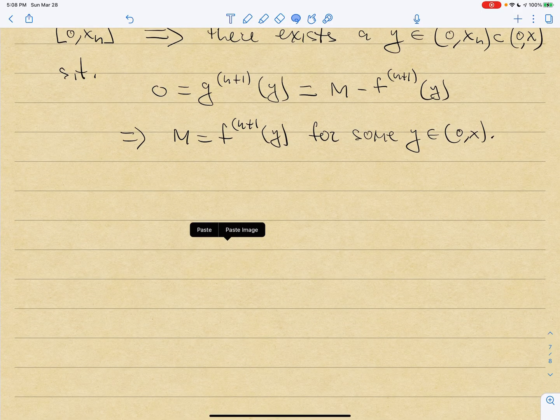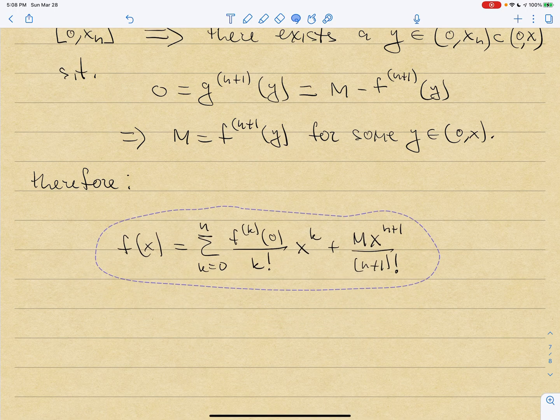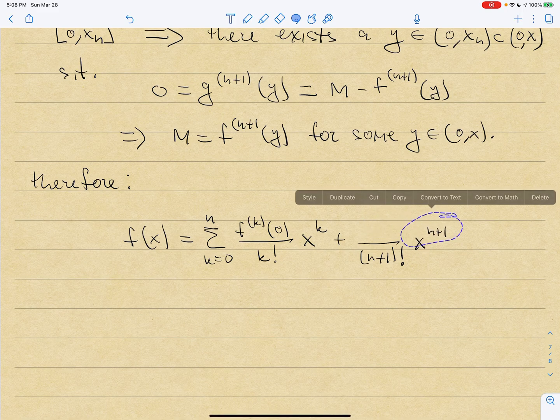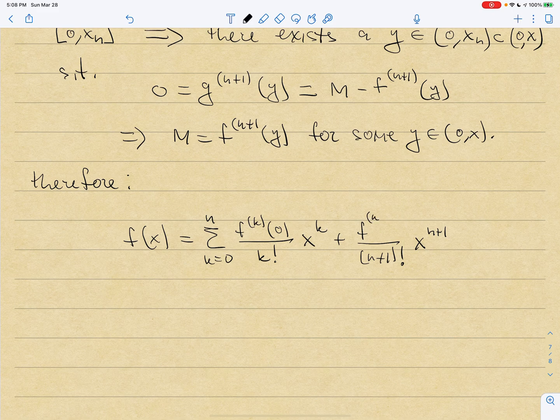So now what is m? m is the n plus first derivative of f evaluated at y.